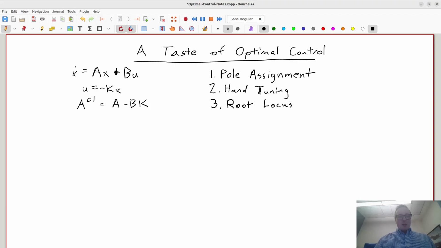So today I'm going to talk about a totally different way of approaching this, which is called optimal control.